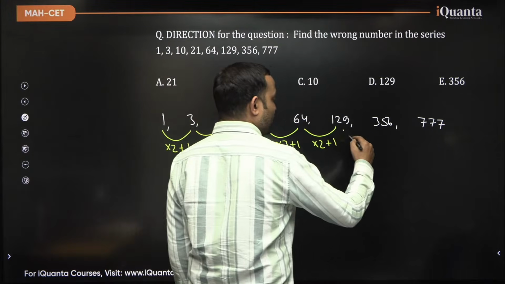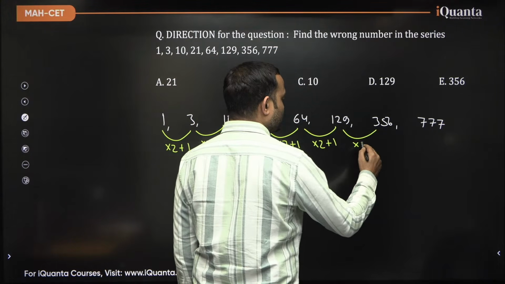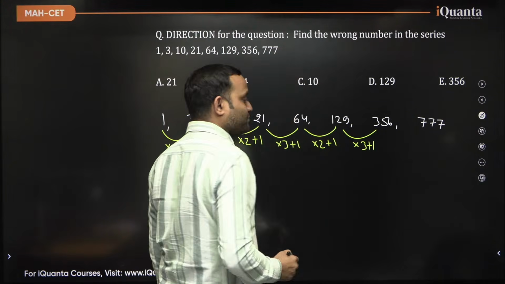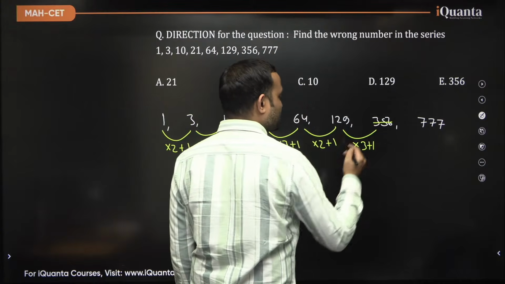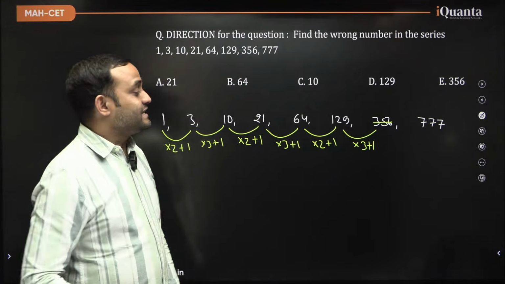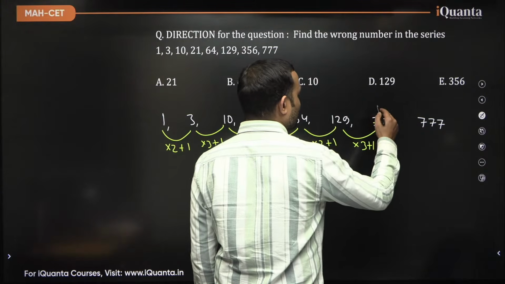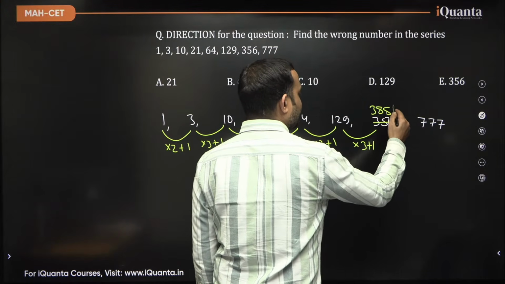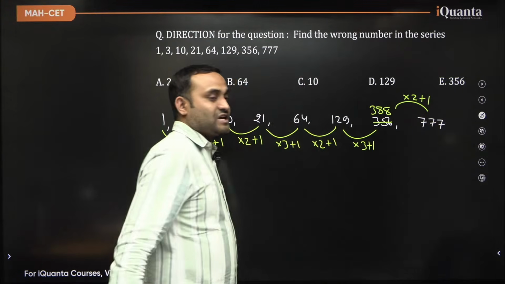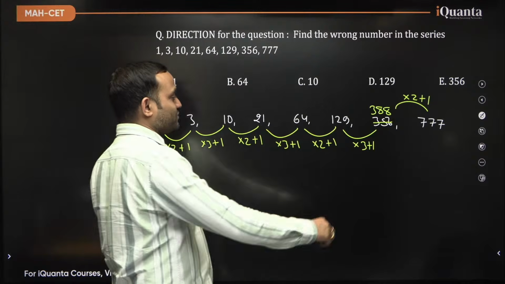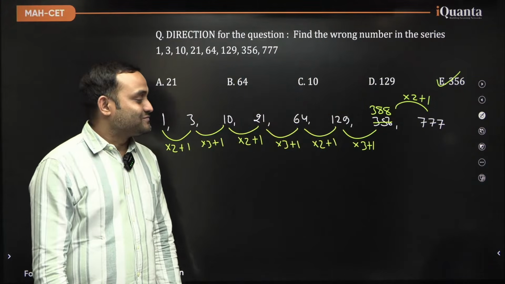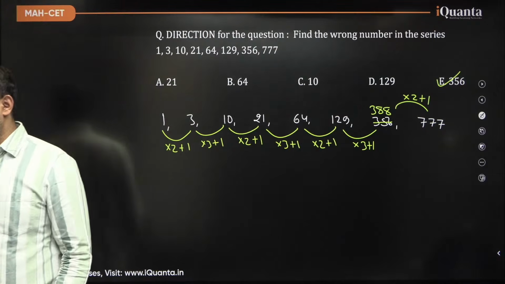Now this should have been into 3 plus 1, which will give us not 356. 129 into 3 is 387. 387 plus 1 is 388. Now this into 2 plus 1 will give you 777. So the wrong number in the series is 356. It should have been 388. Does it make sense now?